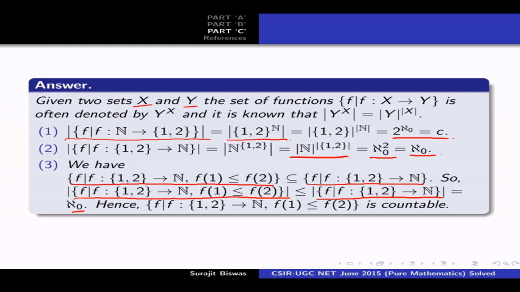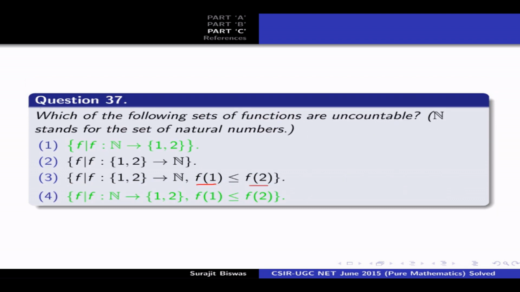Since this is less than or equal to aleph naught, the given set is countable.